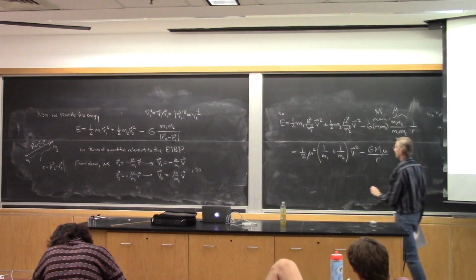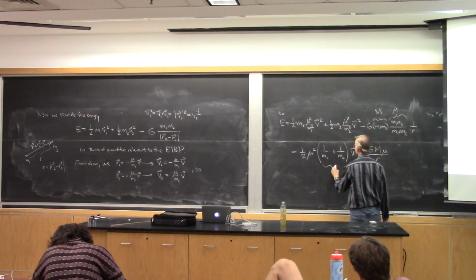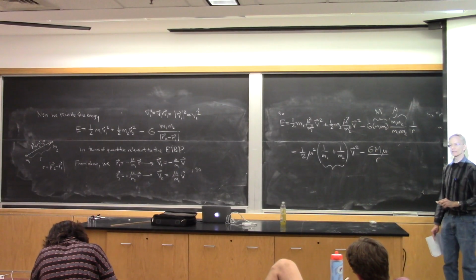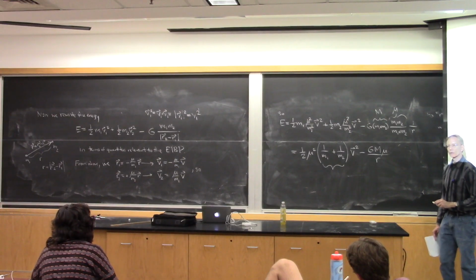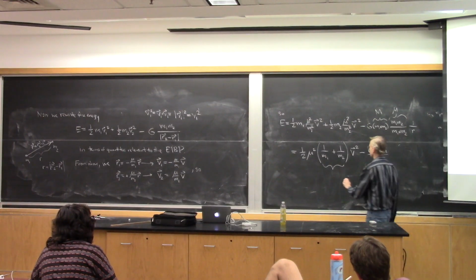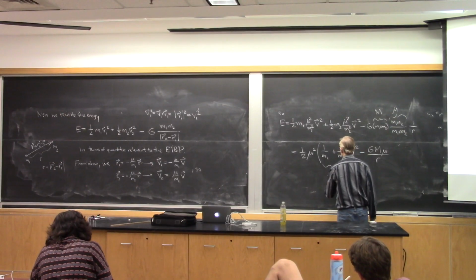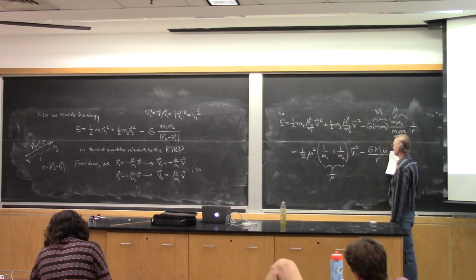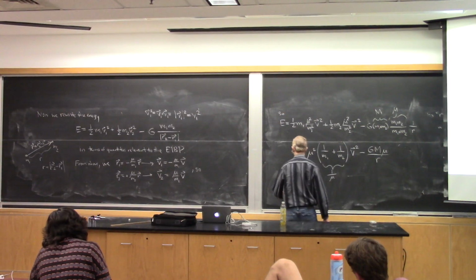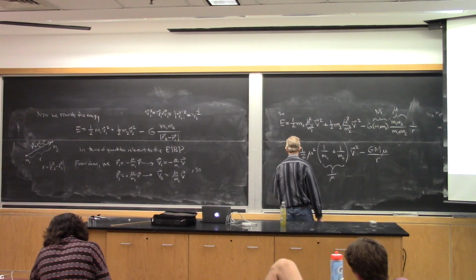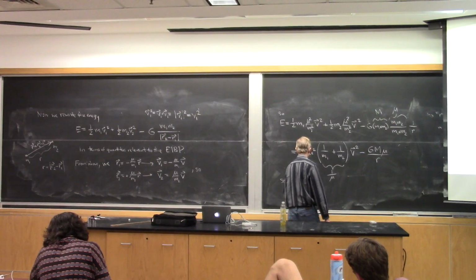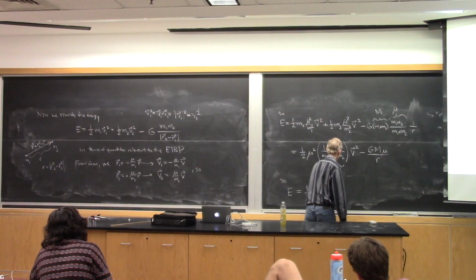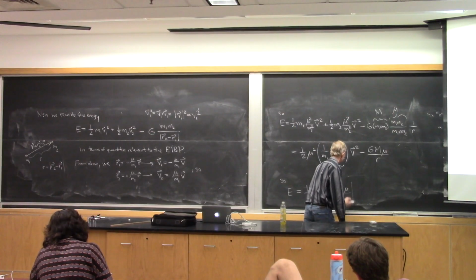But wait, remember when we were talking about resistors? 1 over m1 plus 1 over m2 is 1 over mu. And so we've got 1/2 mu squared over mu times v squared minus g M mu over r. In other words, our grand result, E, is 1/2 mu v squared minus g M mu over r.